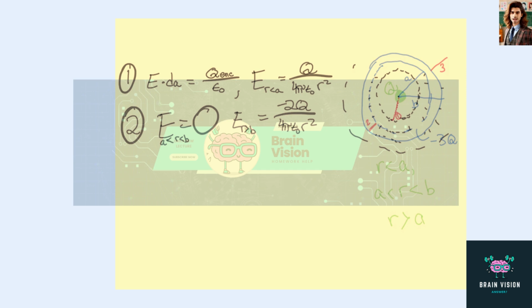Now what we want to do is find the surface charge density on the inner and outer surfaces of our shell. We have positive Q here.